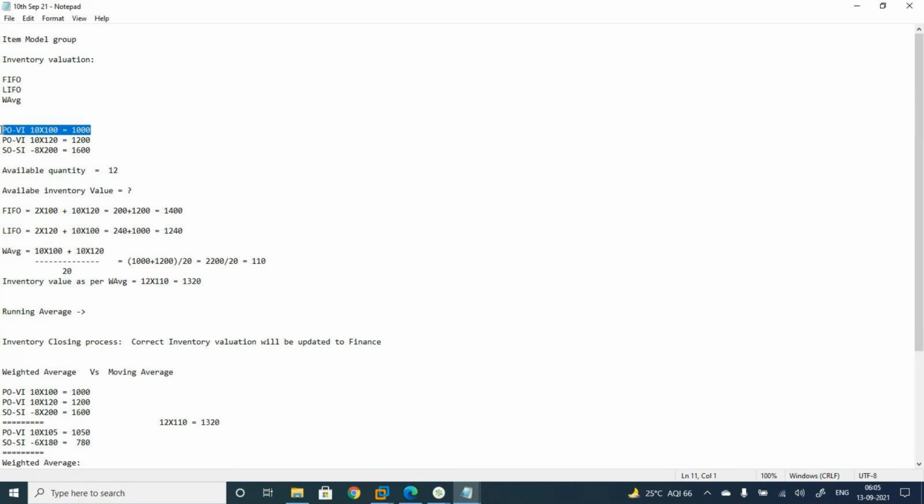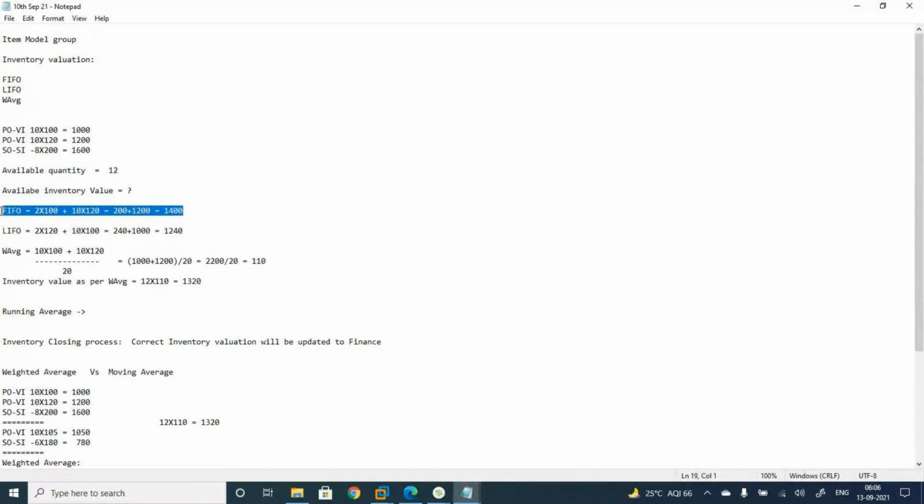Yes, two are remaining, and the price is 100. So 2 multiplied by 100, plus the remaining quantity that is not dispatched. Then it is 10 multiplied by 120. That is 200 plus 1200, 1400.